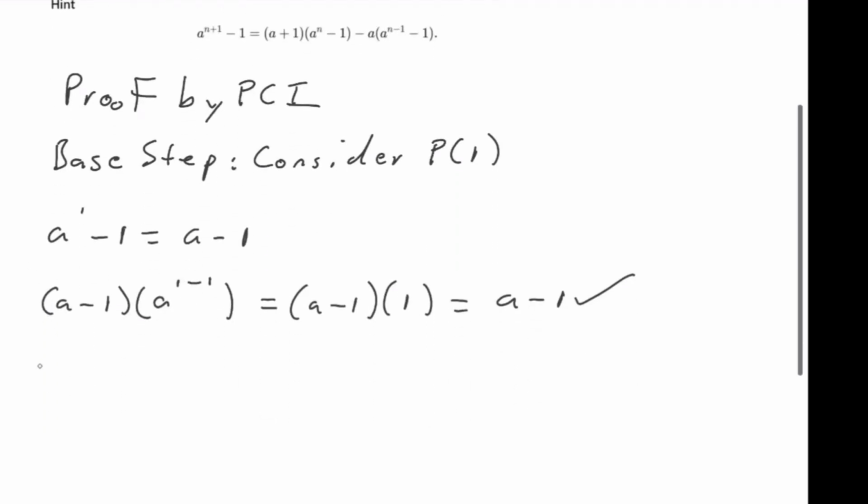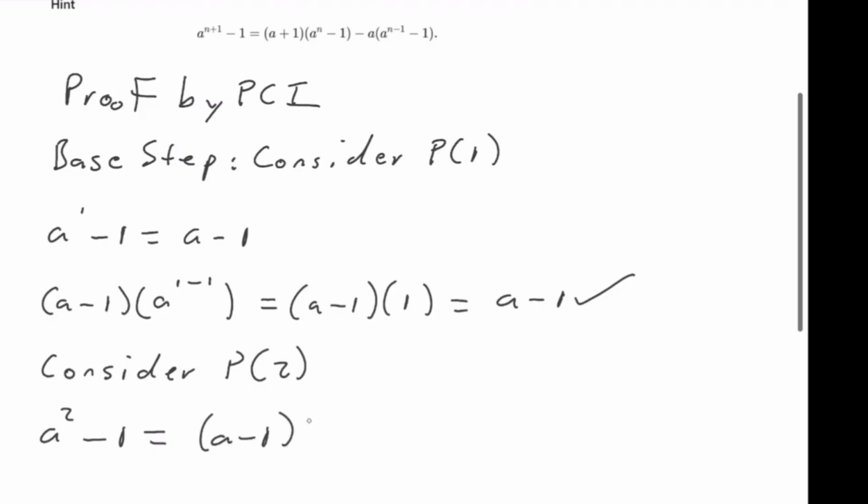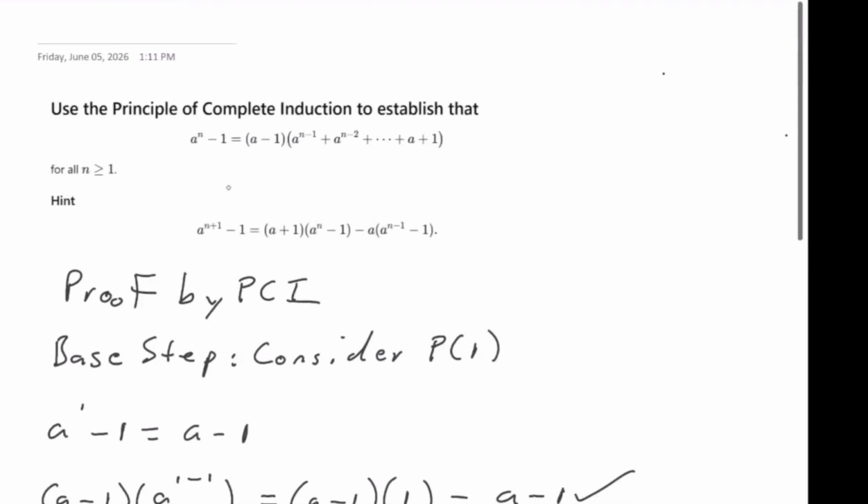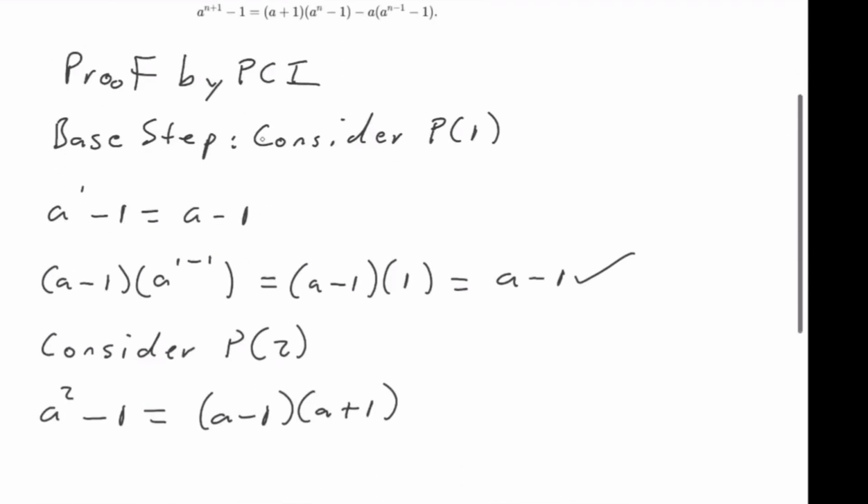Let's look at the second one. So consider P of 2. So it's going to be a squared minus 1, which is the difference of squares, right? So this is a minus 1 times a plus 1. Notice how I put the a minus 1 in front, because that's what I clearly want, right?